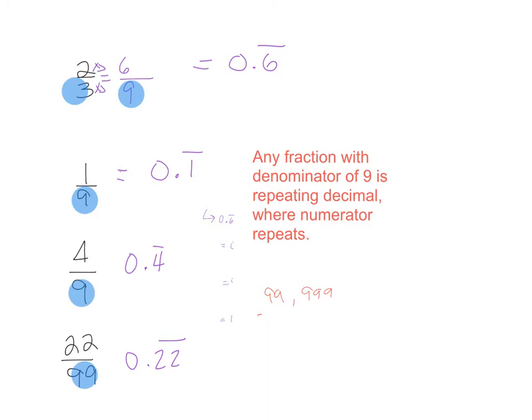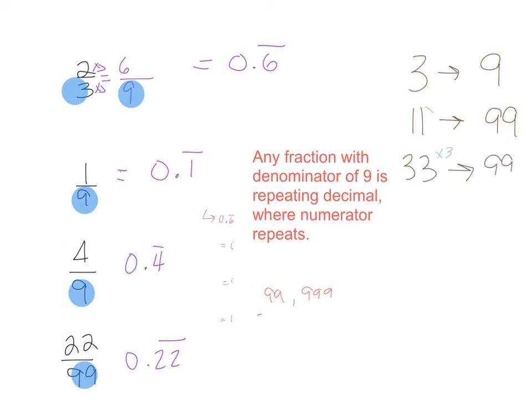Those numbers would be 3, because 3 times 3 gives you 9. It could be 11, because 11 changes into 99. It could be 33, because 33 gives you 99 if you multiply by 3.